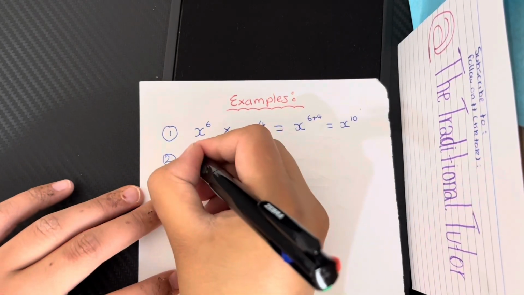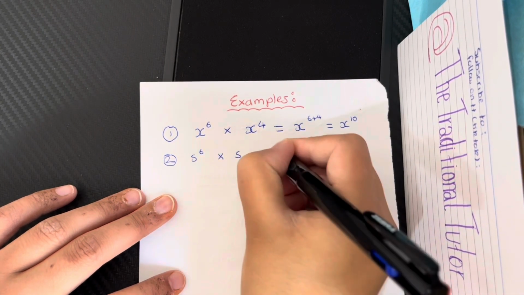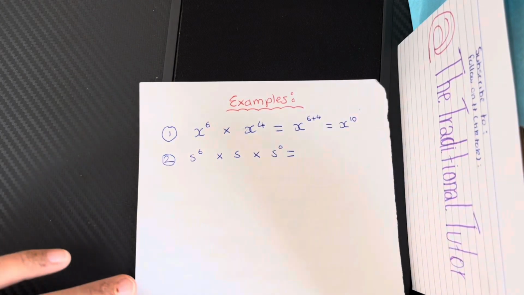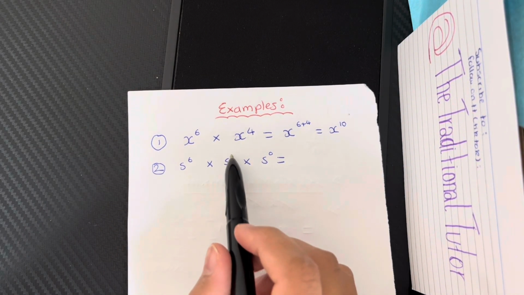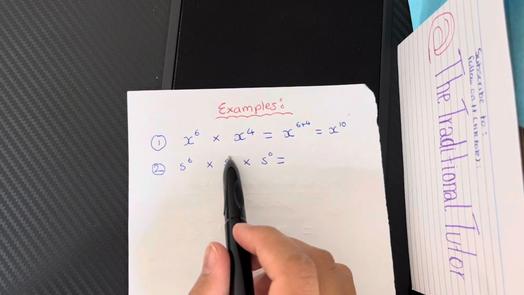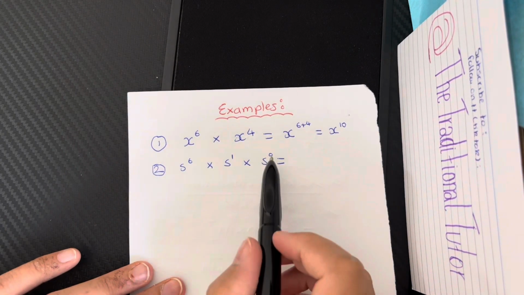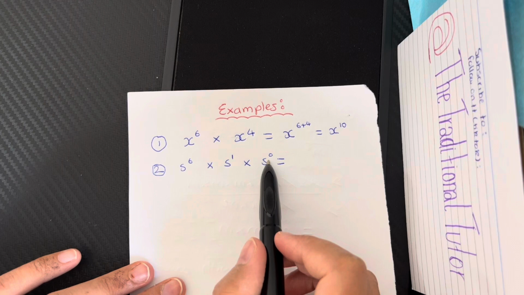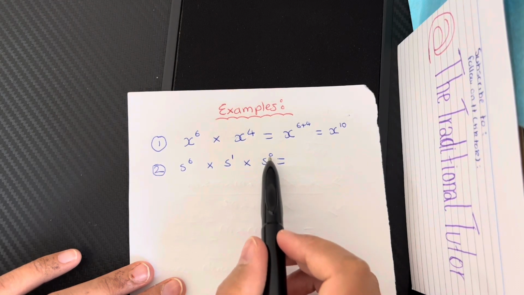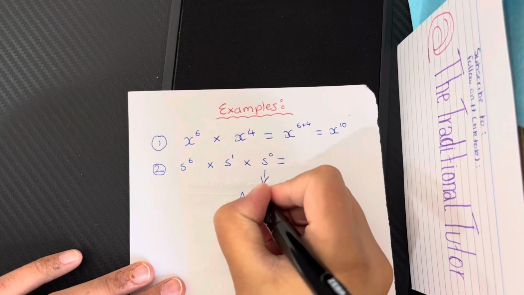So the second example is if we had s to the power of 6 times by s times by s to the power of 0. Now, with this, we know that if we've just got an s with no power actually stated, it just means s to the power of 1. But here we've got something different. We've got s to the power of 0, and what that actually means is anything to the power of 0 is always equal to 1. So I'll just make a note of that.